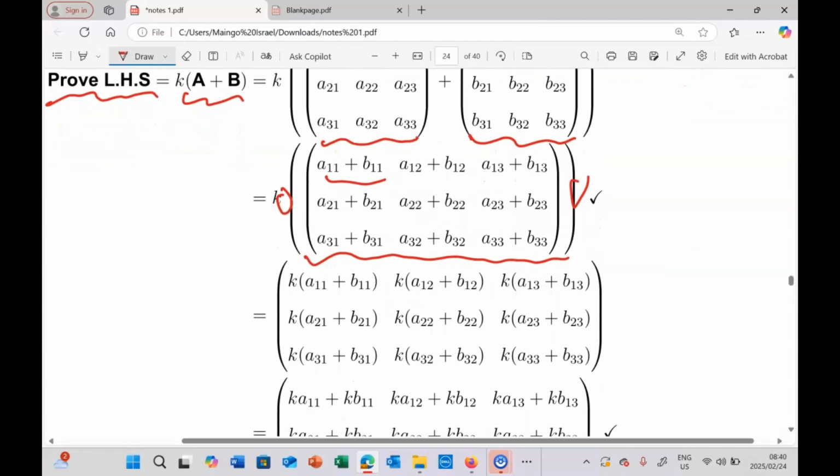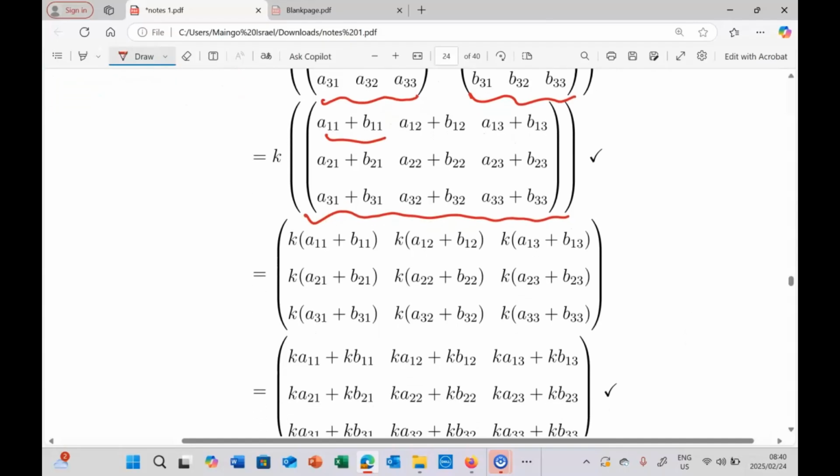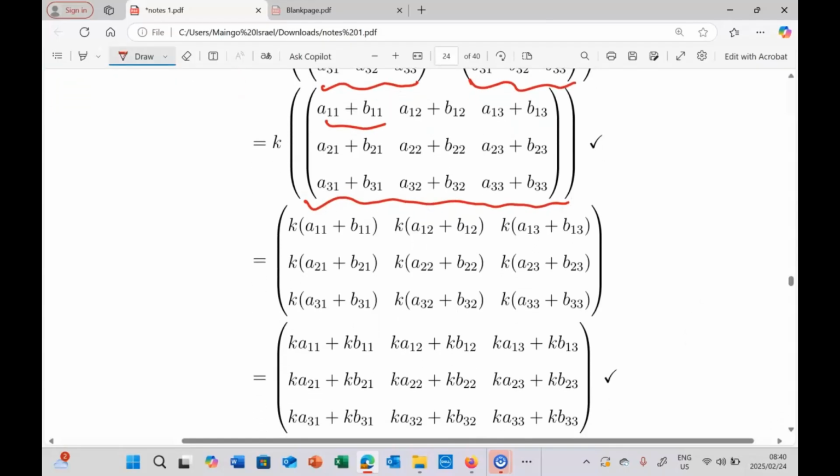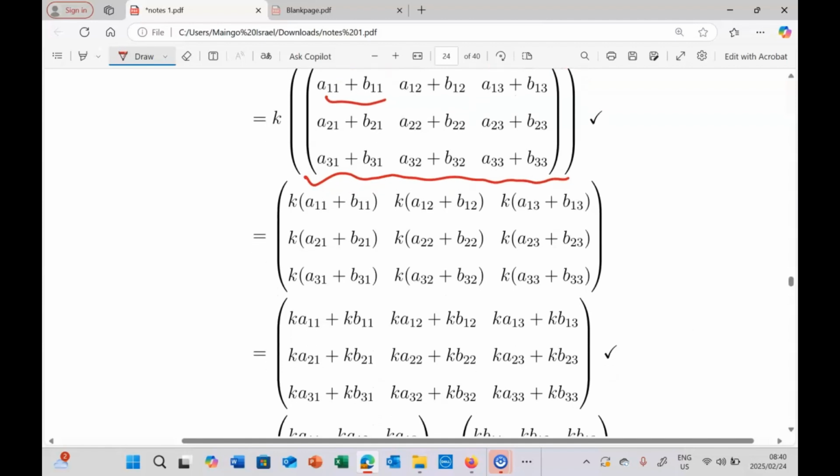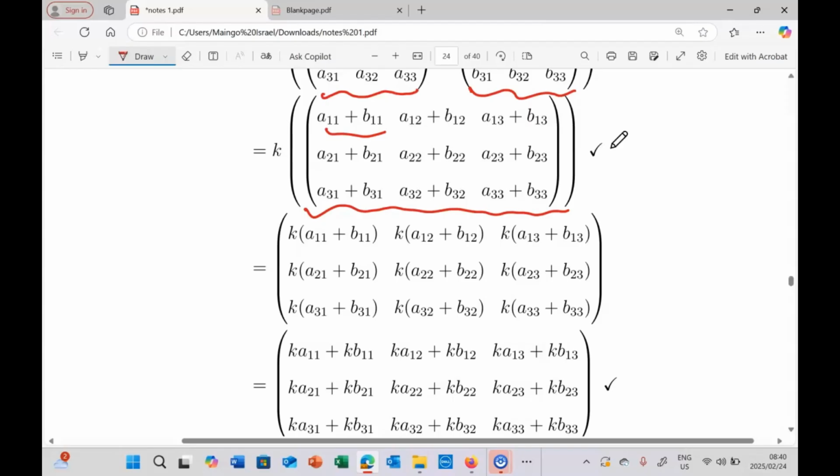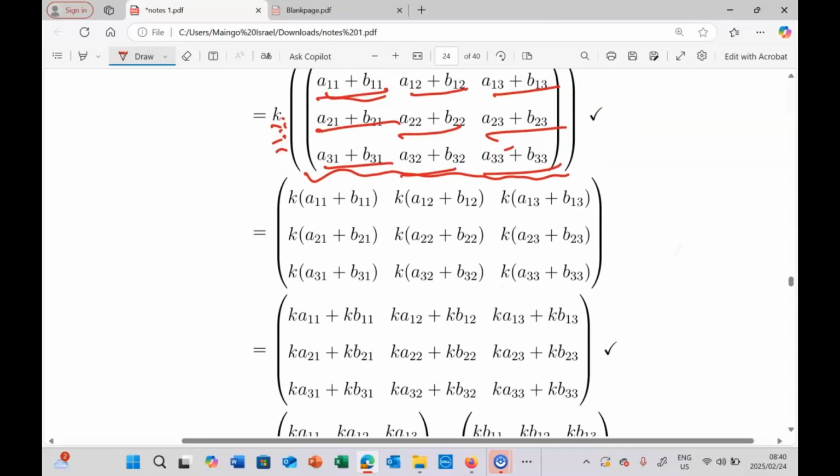So now we have k times this. We know that if we are multiplying a matrix by a scalar, we multiply each entry. So k multiplies with each of these entries.